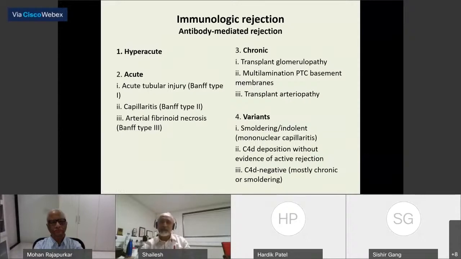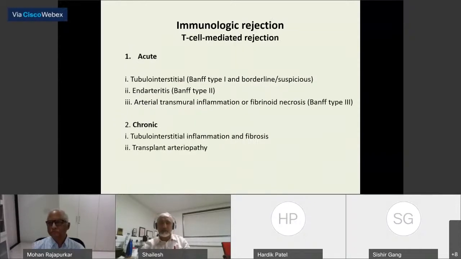And there are some C4d negative antibody-mediated rejections or isolated vascular lesions, which may be part of subclinical antibody-mediated rejection. In T-cell mediated rejection, there are two categories.